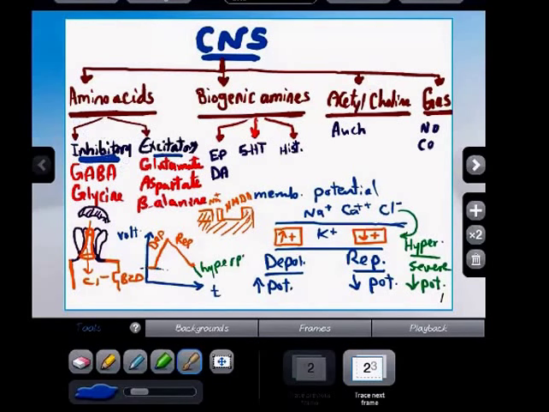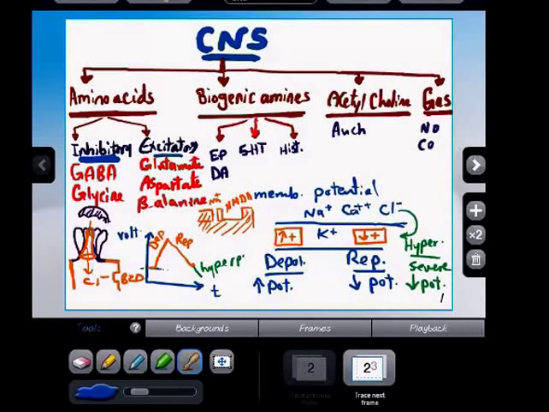About the inhibitory amino acid neurotransmitters like GABA and glycine: the GABA neurotransmitter can bind to the GABA receptor, and this will induce the chloride channel to open.